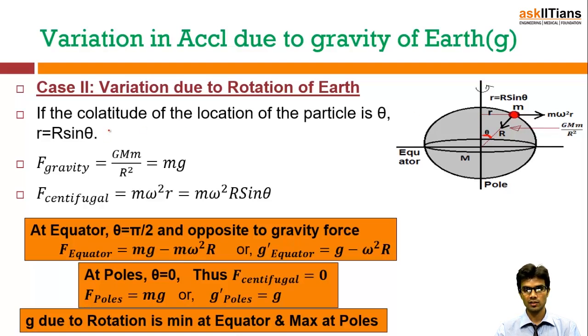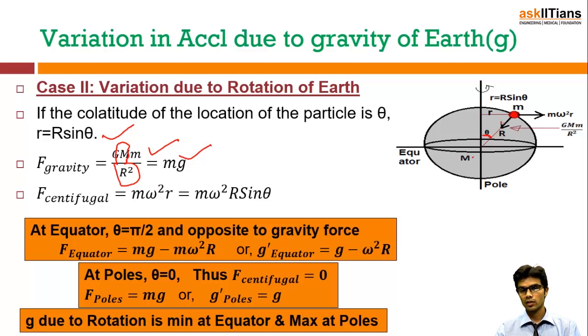Okay, now F gravity, the force of attraction, is equal to G m1 m2 by r square, or GM by R square can be written as g, or g naught. So F gravity is equal to mg.